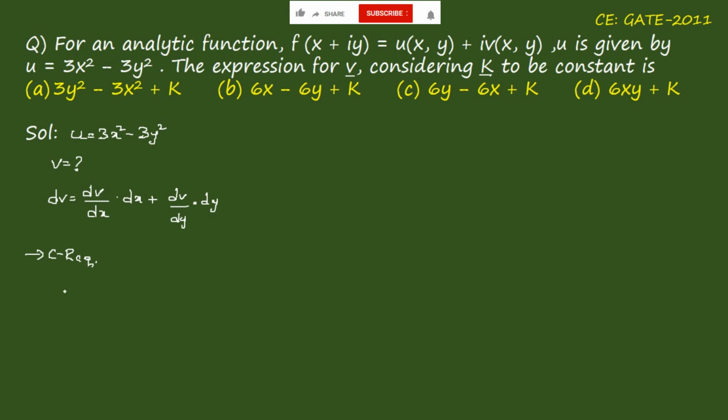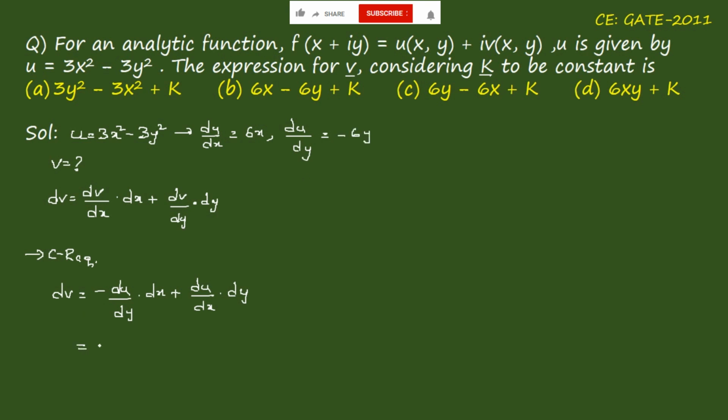We know that dv is equal to, dv by dx is equal to minus du by dy, into dx plus dv by dy is du by dx, into dy. Here we define the values of these. du by dx becomes 6x, and du by dy becomes minus 6y.